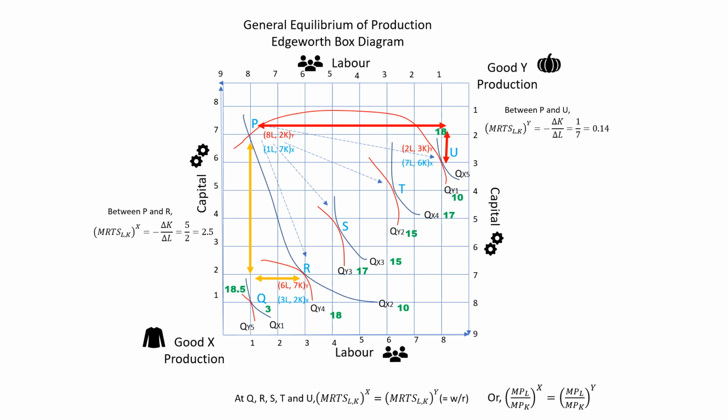The other possibility is that we move from point P to point S. In this case, what we find is that the amount of gain as far as labor is concerned will be greater, and the amount of sacrifice that the producer is having to make with regard to the capital is smaller.